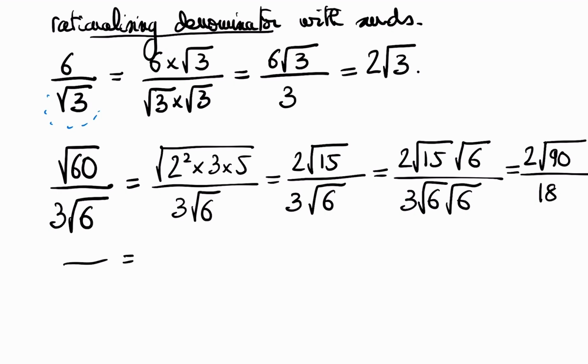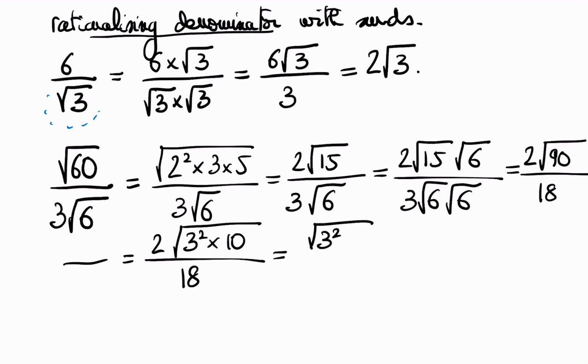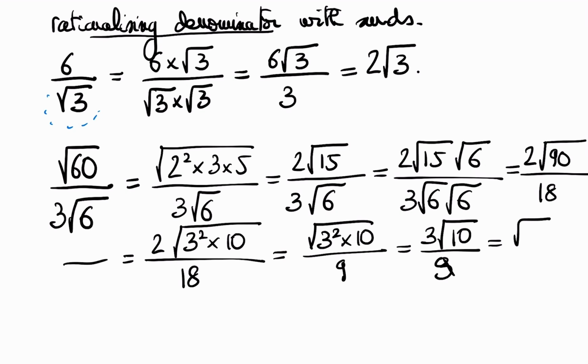So therefore it's equal to 2 times 3 squared times 10 over 18, so it's actually root of 3 squared times 10 over 9, which is 3 root 10 over 9, which is root 10 over 3. Here we go, fully simplified.